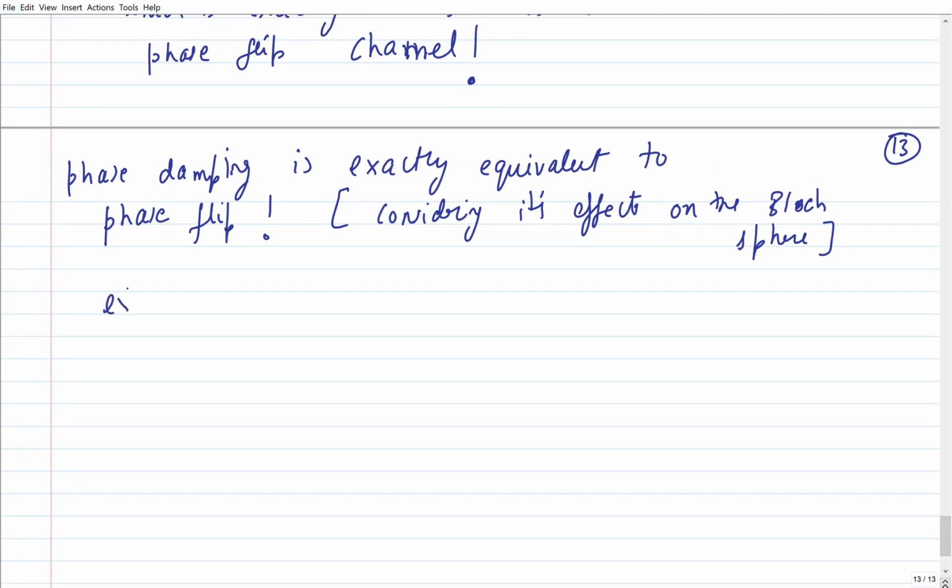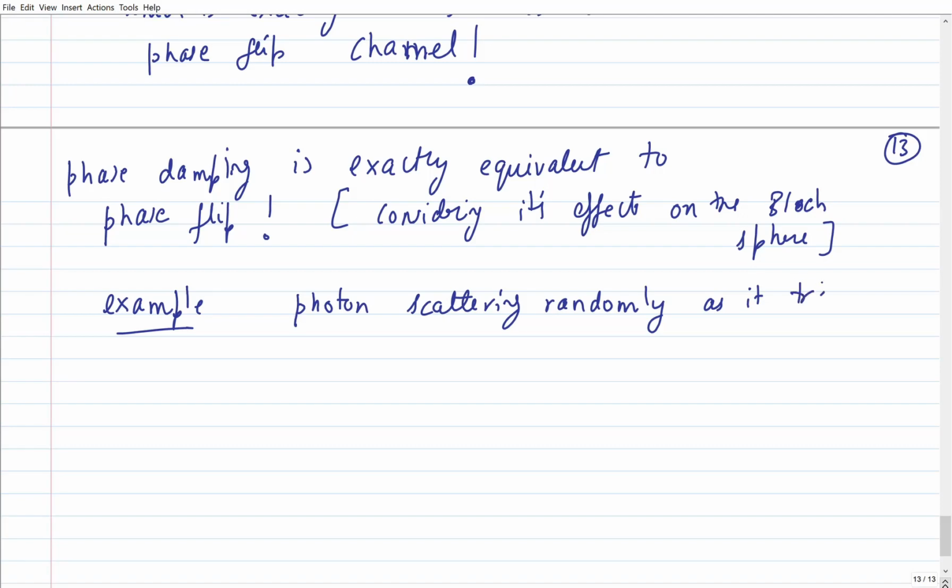So as an example, you remember the example of the energy dissipation or the amplitude damping was a photon in an interferometer which could have got lost to the environment. Over here, the example of the phase damping would be photon scattering without losing energy. Photon scattering, where it loses the phase information randomly as it travels through a waveguide.